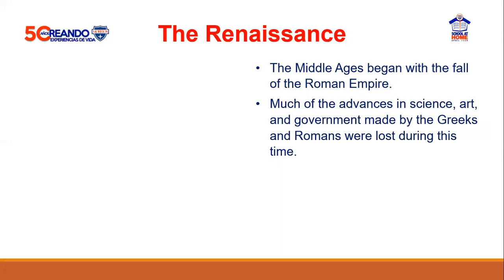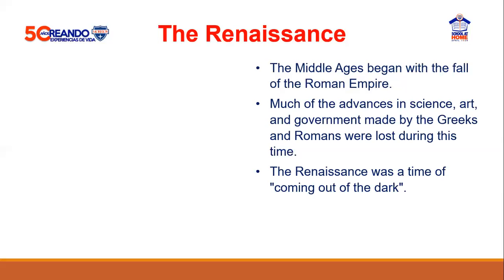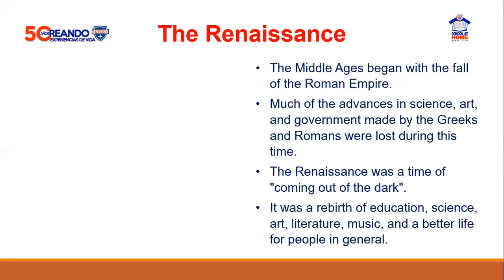Everything that the Greeks and the Romans have made, all the progress that they have made in terms of arts and engineering, science, medicine, and so on, all of that was swept away by these barbarian tribes. So the Renaissance was a time of coming out of the dark, because after the Dark Ages, right, people started to think about humanism, which is something that we are going to see later today.